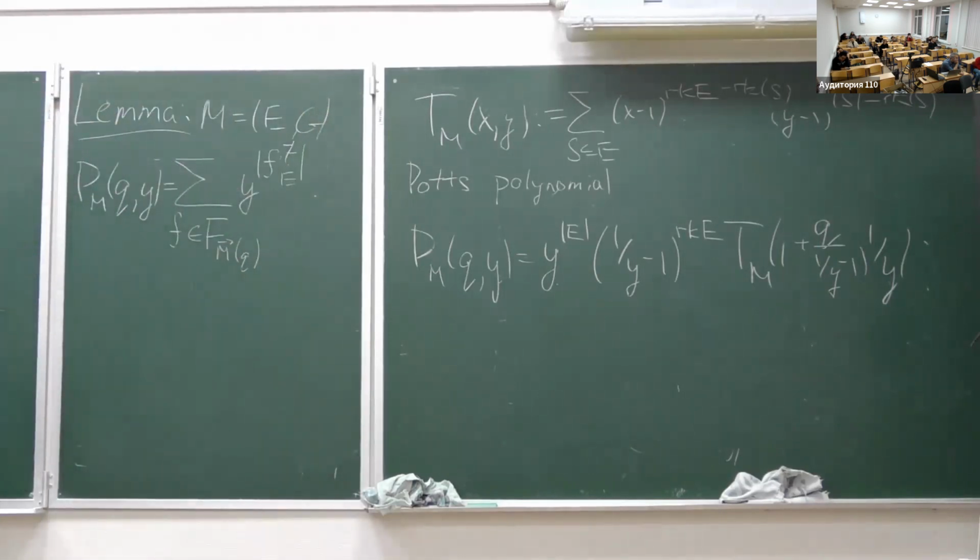We take a regular oriented matroid M, and then we take an orientation of M, and here we use the fact that it's regular to say that such an orientation exists.